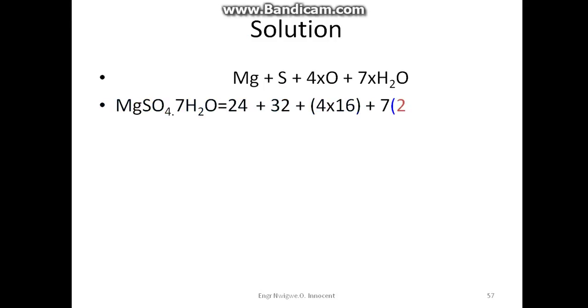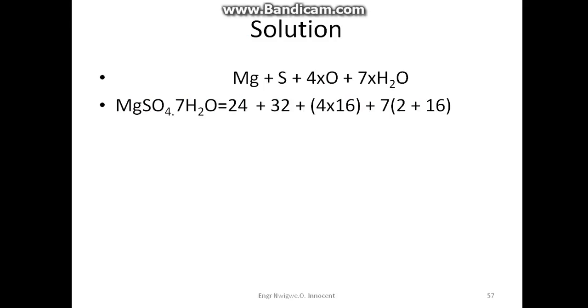Example 4. Calculate the molar mass of magnesium tetraoxosulfate 6 heptahydrate crystal in grams. Solution. Calculating the individual constituents that make up this compound, we have magnesium, sulfur, oxygen, and water. Since there are 7 waters in the molecule, we have magnesium as 24, sulfur as 32, oxygen is 16. We multiply it by 4 since we have 4 atoms of oxygen. Then the water contains oxygen and hydrogen.